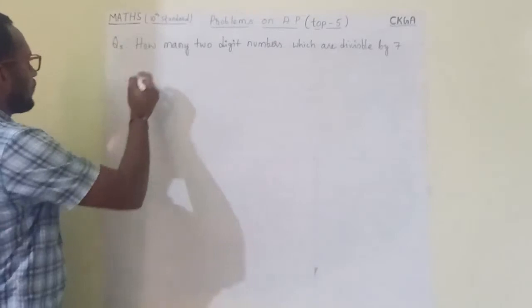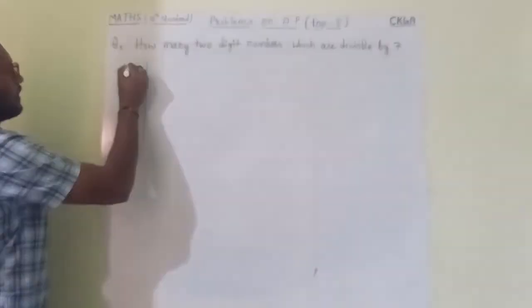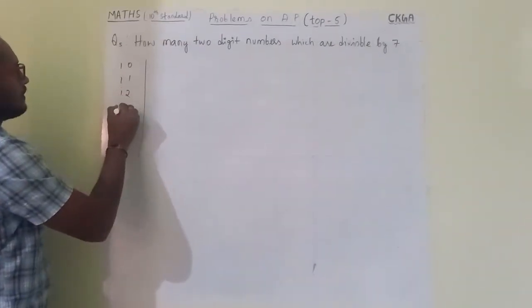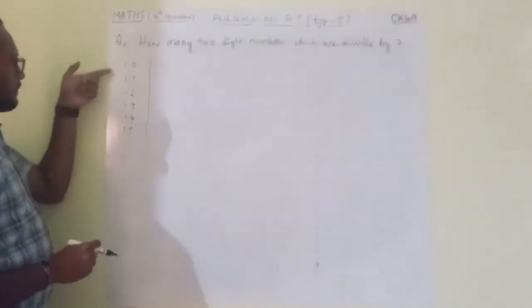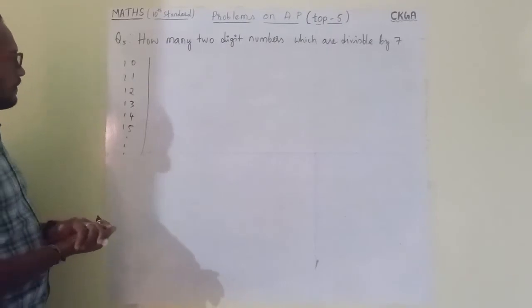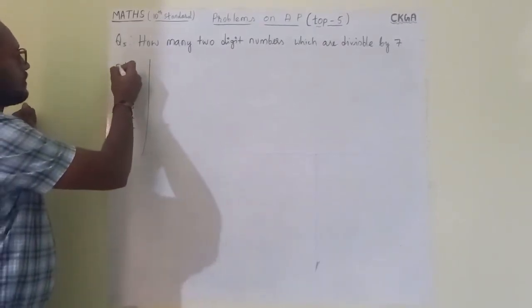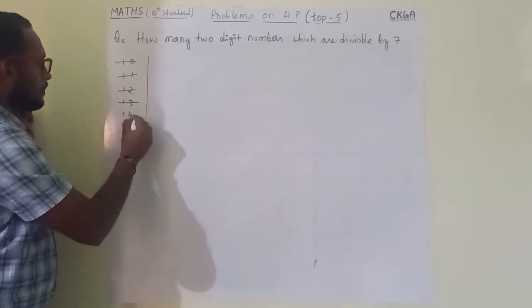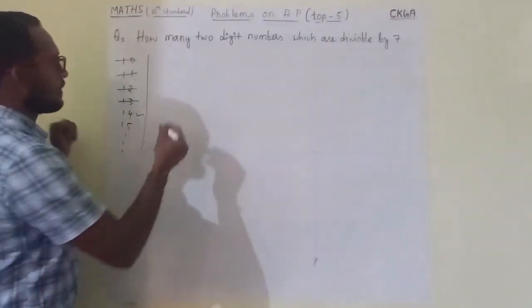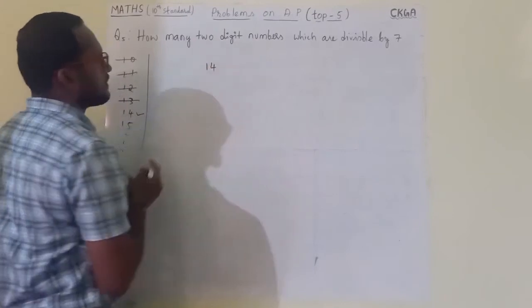If you write some two-digit numbers, that could be 10, 11, 12, 13, 14, 15 and so on. 10 will not go by 7, 11 no, 12 no, 13 no, but 14 is the first term.